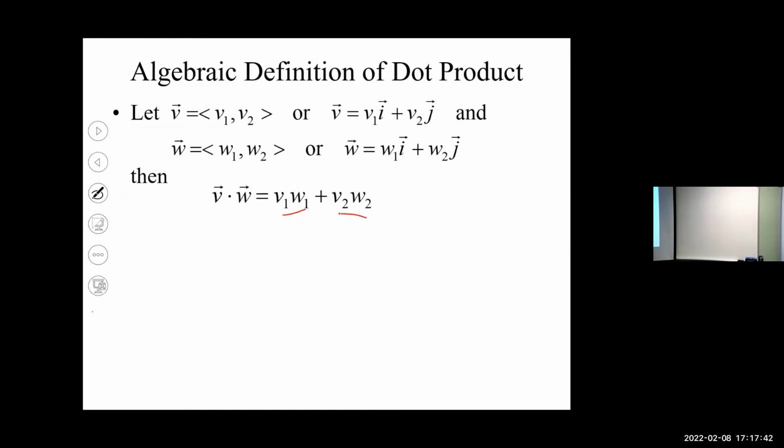Now, where the geometric definition can become helpful is, let's say we want to find the angle between two vectors, and we're given the vectors. We can do the geometric definition up to, except for theta, right? And we could do the algebraic definition and set those equal to each other and solve for theta.